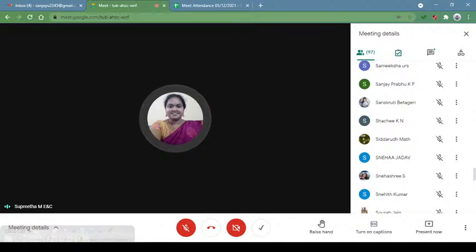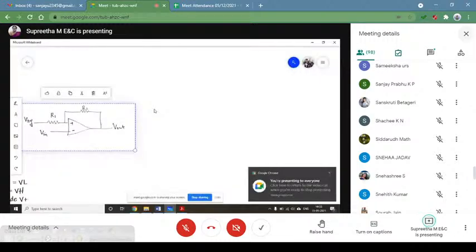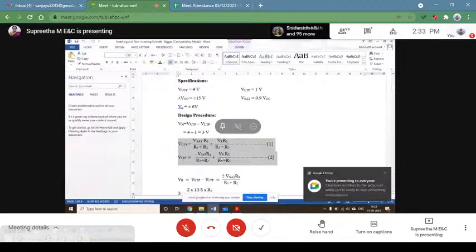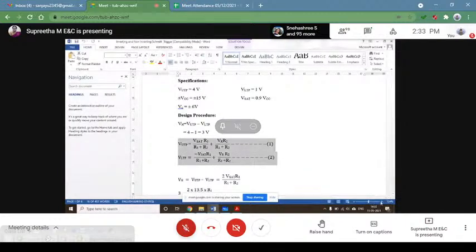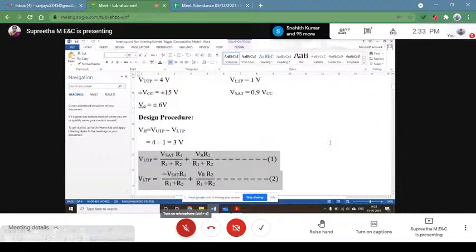Just check this. Do you get the expression? You get the expression like this for VUTP and VLTP. Instead of VH and VL, it is taken as plus VSAT and minus VSAT for your convenience.